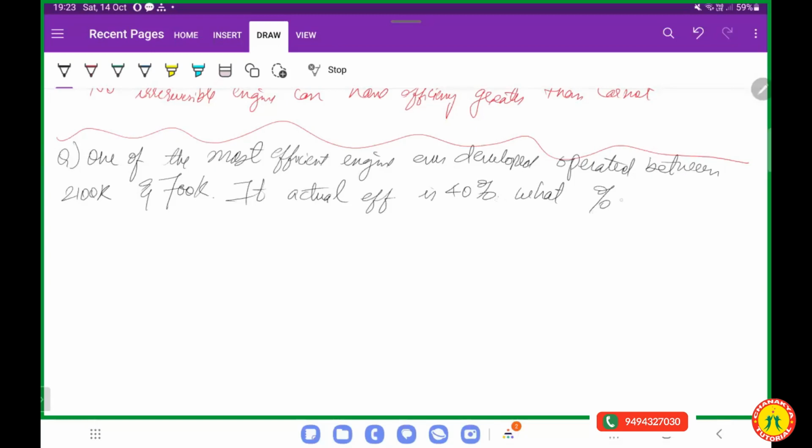What percentage of the maximum possible efficiency is this?